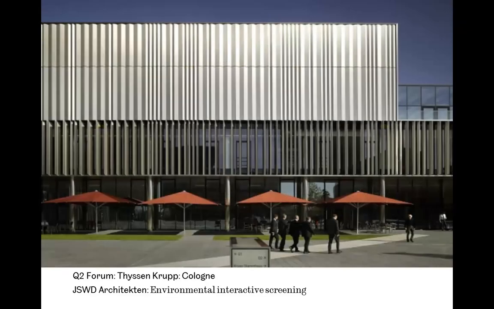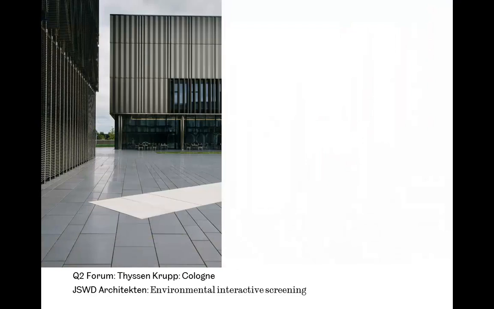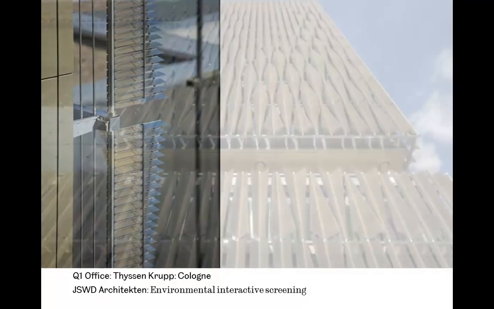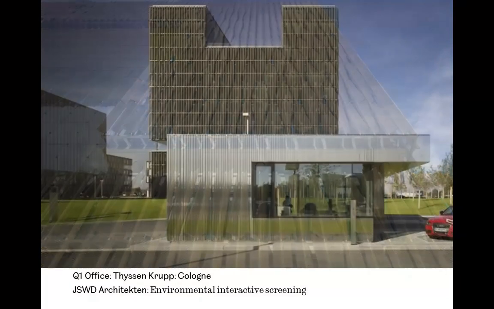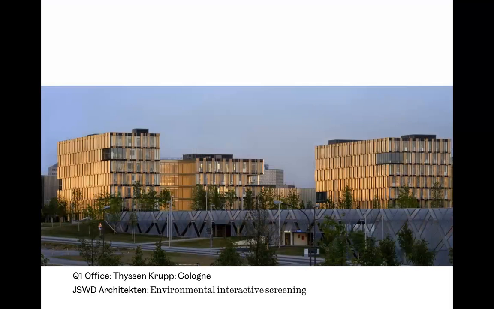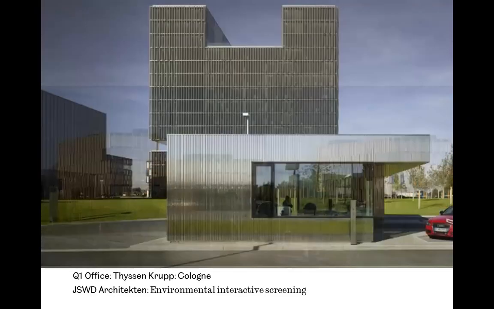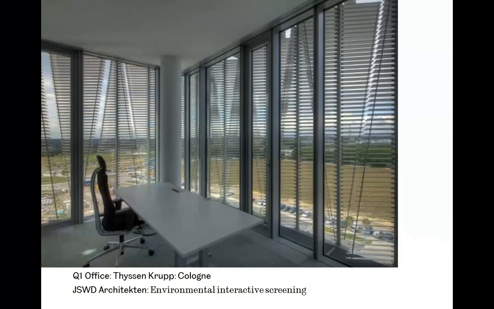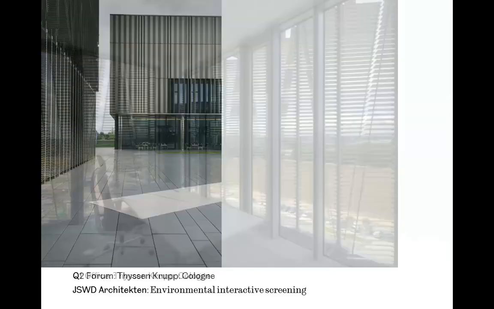Now I'll go back a bit, which I suspect is because the architects probably wanted a kind of uniformity of appearance across this building. So the basic screen is the same. They also get some efficiencies of economy in that they're making thousands of the same device.